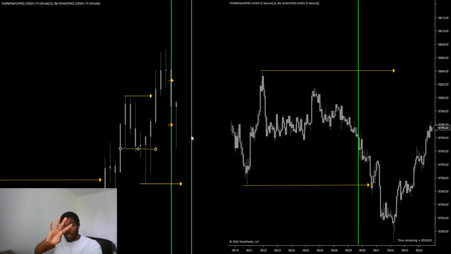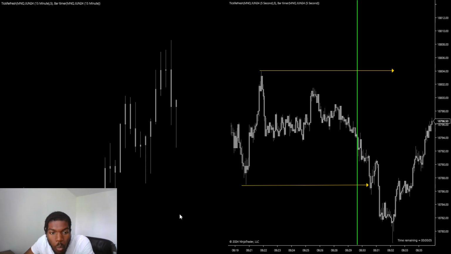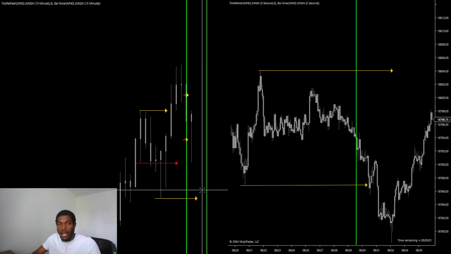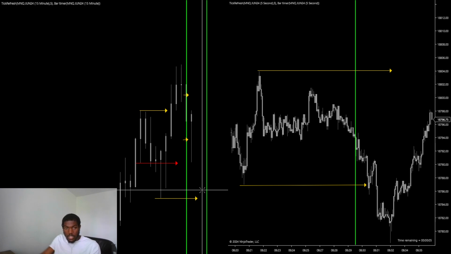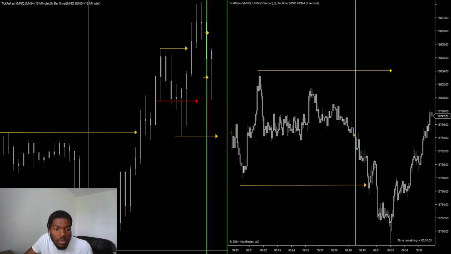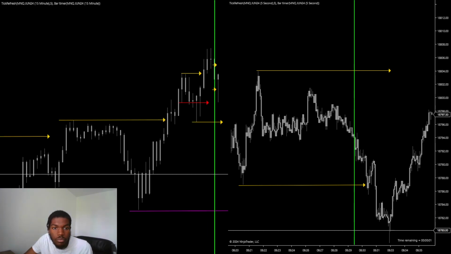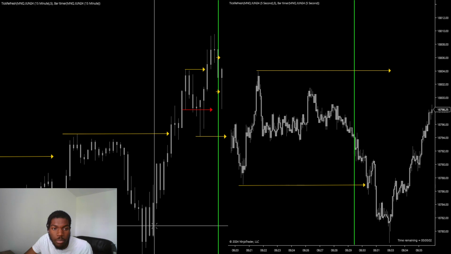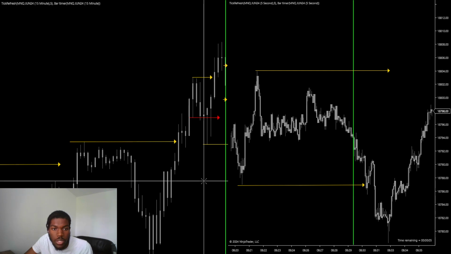The fourth thing is tracking the last candle. But why am I tracking the last candle? I track the last candle after a break of structure. In this case, we closed above a structural high, creating a previous range, creating a previous high.